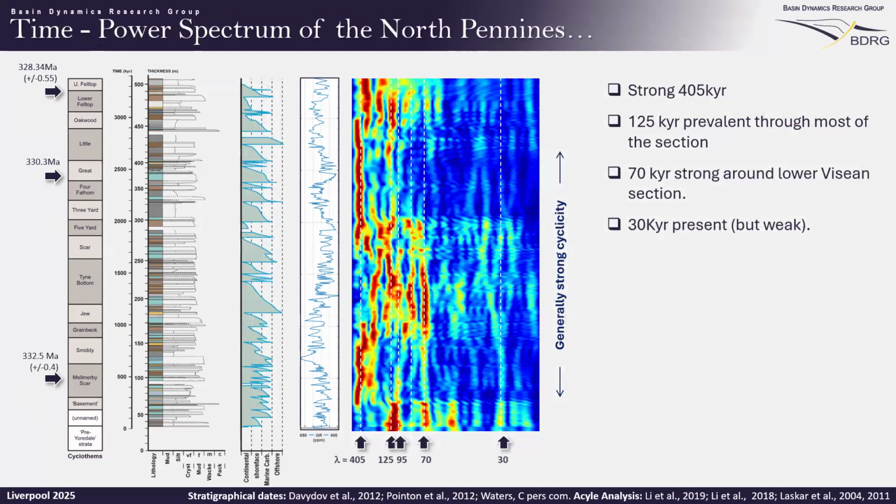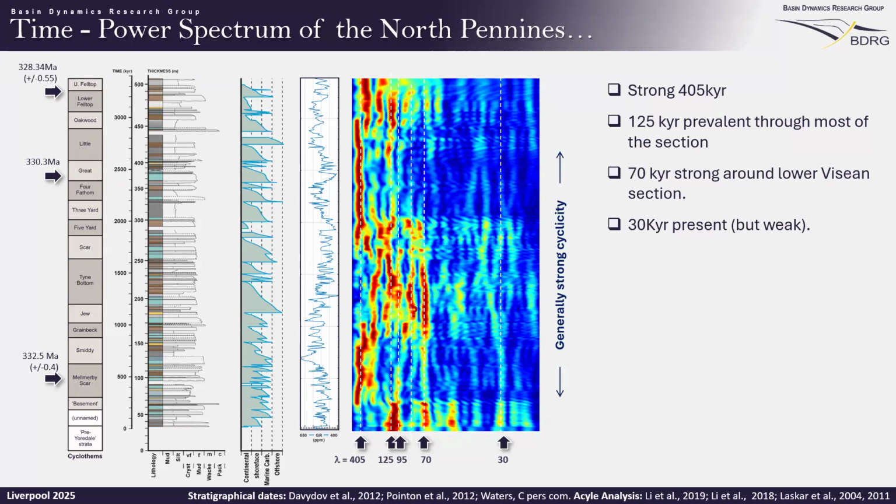So we can turn the whole thing into time, and we can do it evolutively in time again. And now we can see what we're really looking at. It tidies everything up a little bit. There's a strong 405 signal, an eccentricity 405 signal in places, and probably all the way through. There's a 125 signal that's prevalent through quite a lot of it. The 70,000 year signal is quite strong in the Visean, down through here.